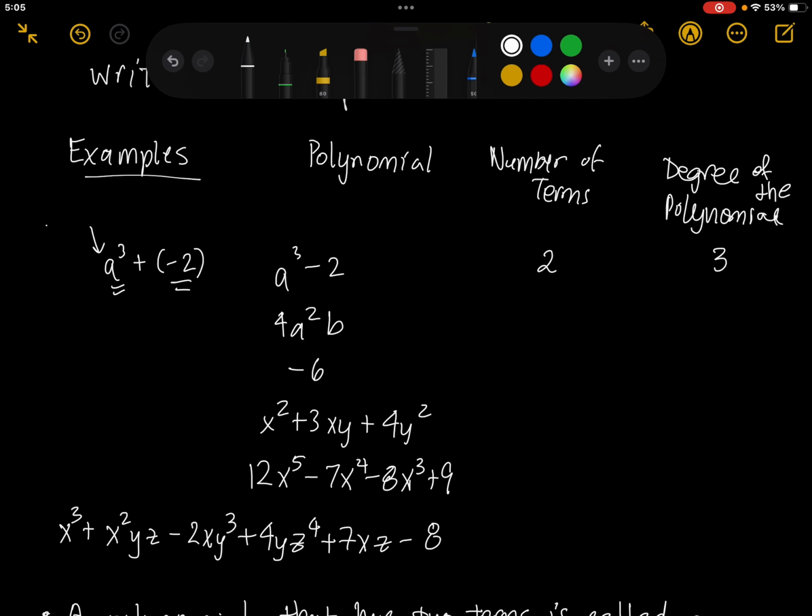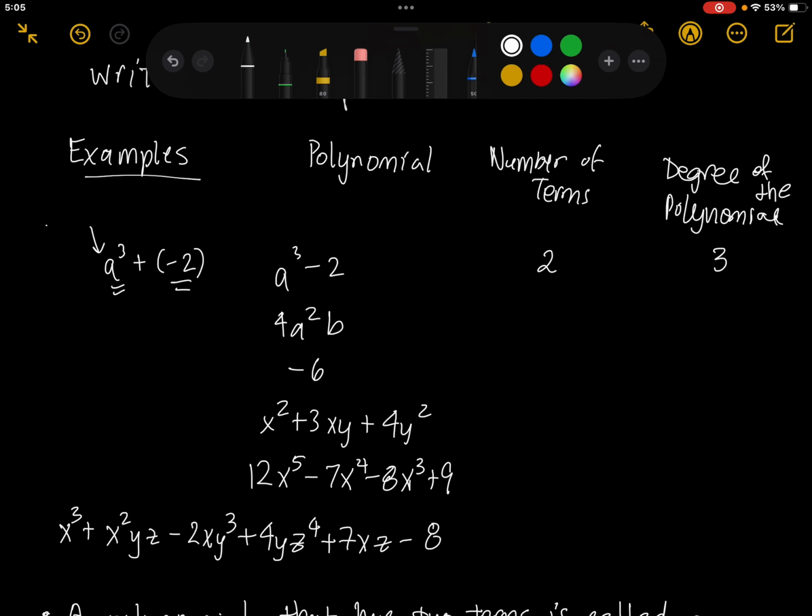And by definition, the degree of a polynomial is the greatest of the degrees of its terms. So I have a degree 3, degree 0. 3 is the biggest of 3 and 0, right? So that's why the polynomial has degree 3. Okay, let's do another example.